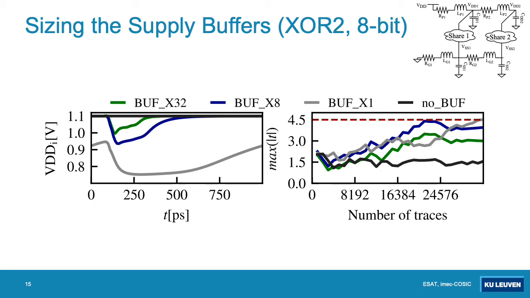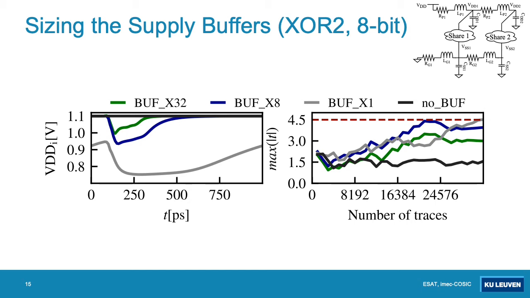On the other hand, as we start decreasing the driving power of the supply buffers, from infinite to buffer x32 to buffer x8, etc., we see that the supply rails start dropping and the levels of leakage are starting to rise with the increase of the number of traces.